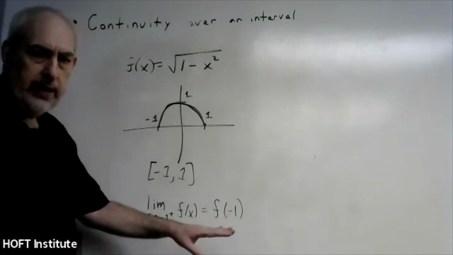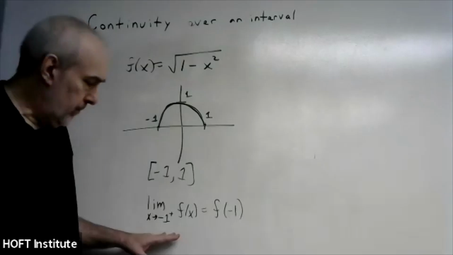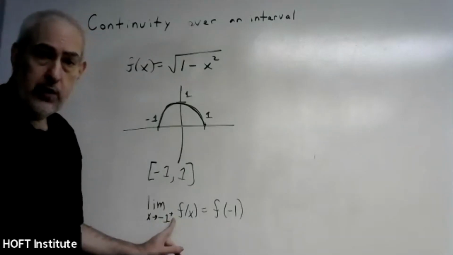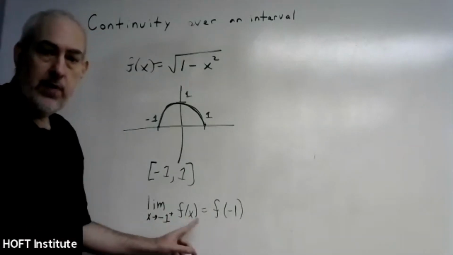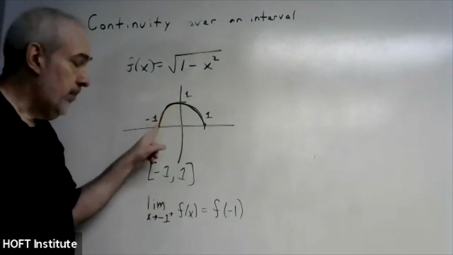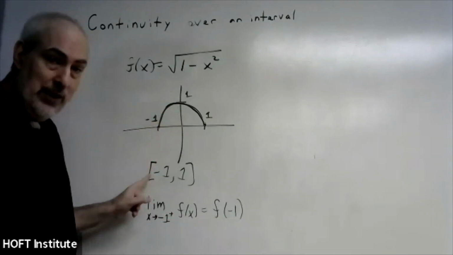So this is sort of like the definition for continuity, except we're only looking at it from the right. We would say that this function needs to be continuous from the right at the left endpoint.